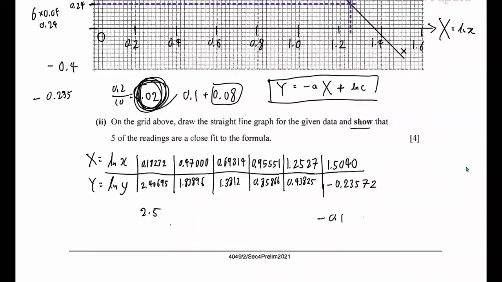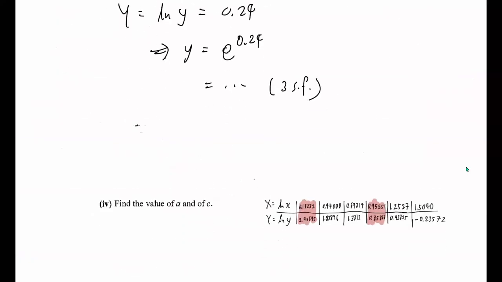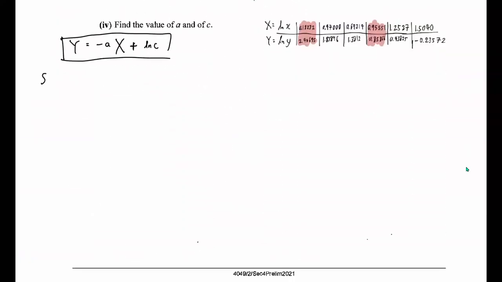Copy this down. Let me copy the equation as well so I can save a little bit of time. Okay, so we're gonna sub in, let's say, the first point, 0.18232. Actually, you know what? Let's just rewrite it as ln y and ln x. Why?